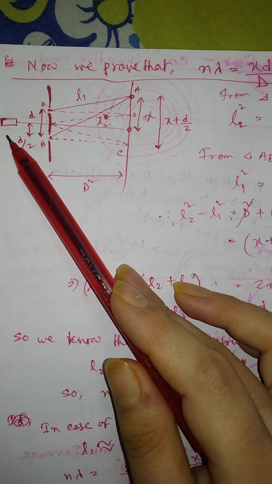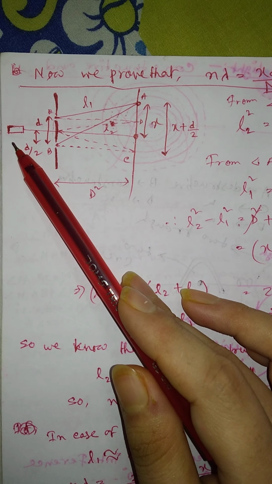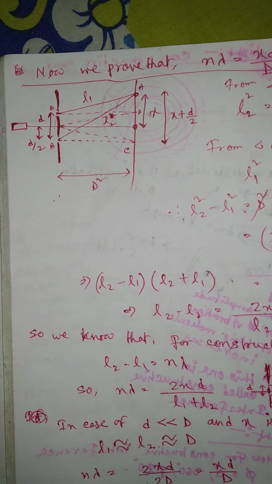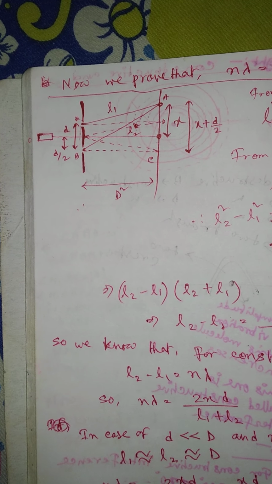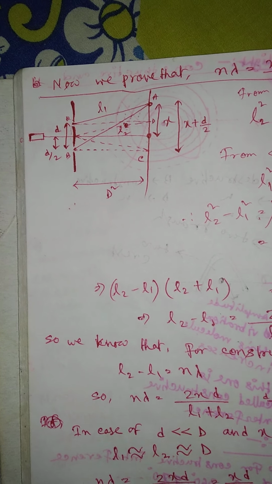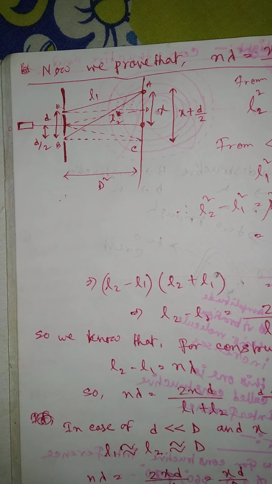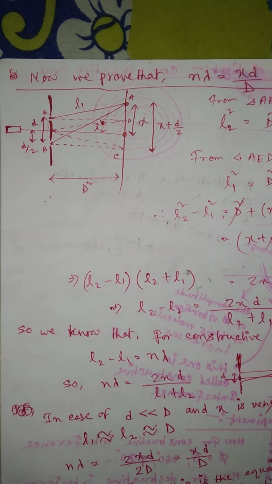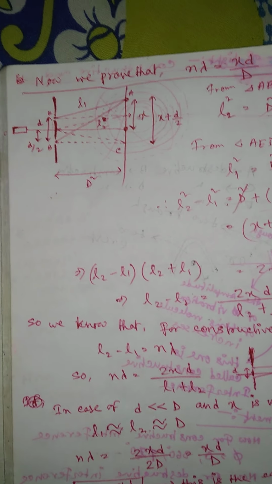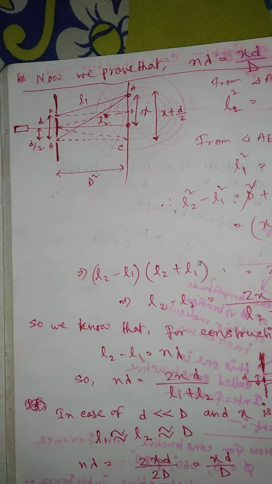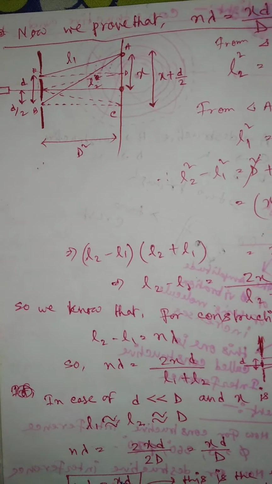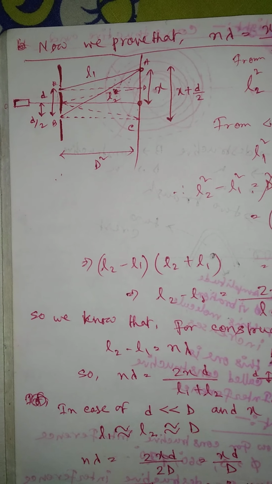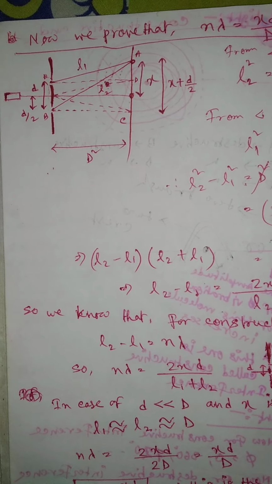Okay, because if we take a monochromatic light source, it generates one type of light only. That means only red light or only blue light, like this. If we take a white light source, then we know that white light is a mixture of 7 colors.